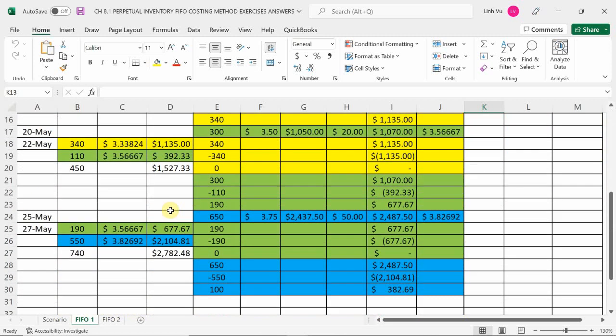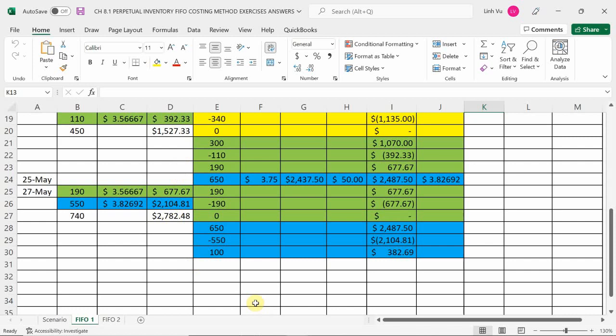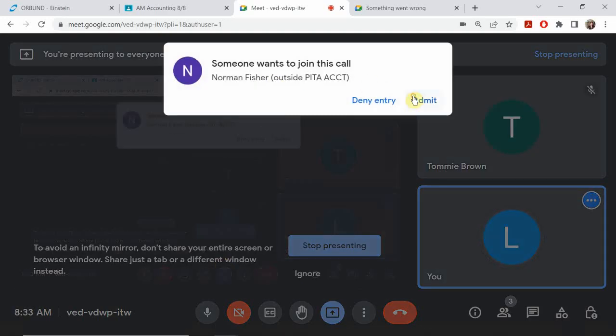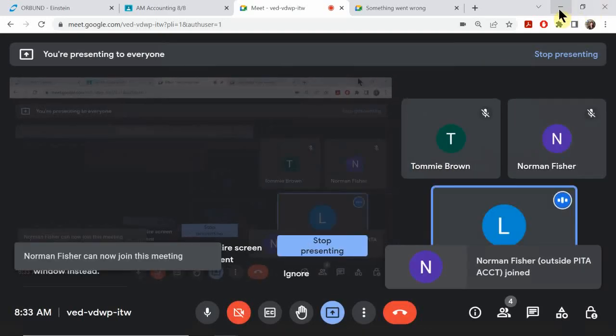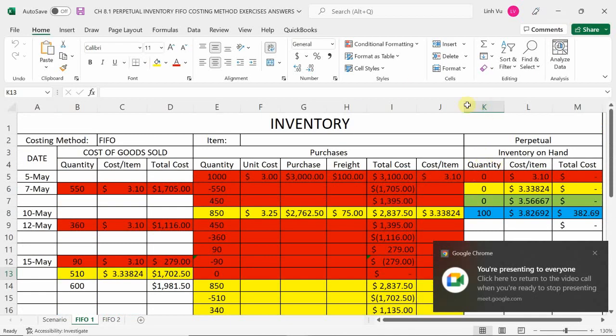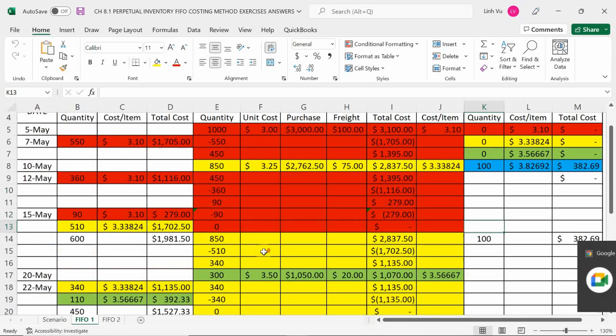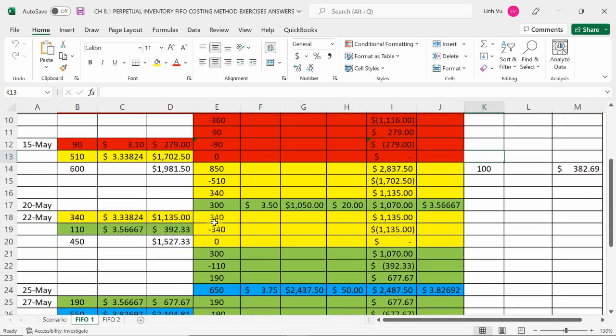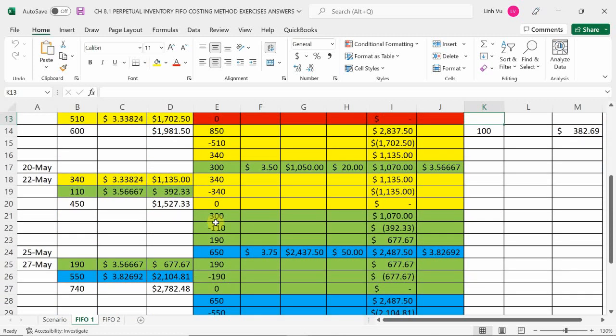The color coding goes in the order that we color coded them in rainbow order, and we notice that it is slowly declining with each and every single purchase that we made.